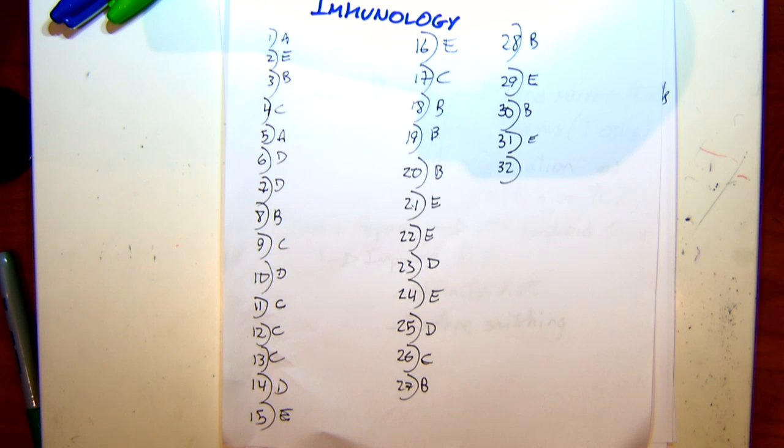Whenever, so he's asking when the RAG genes are turned off. That's whenever you have a stopping point. So whenever you check something, so whenever you check the beta chain, you stop your RAG genes. Whenever you finished your alpha chain and you confirm that the alpha chain is working, then that's when you stop them again. So whenever you're done with doing your somatic recombination, you're creating your alpha beta chain or heavy chain or light chain, that's when you stop the RAGs.